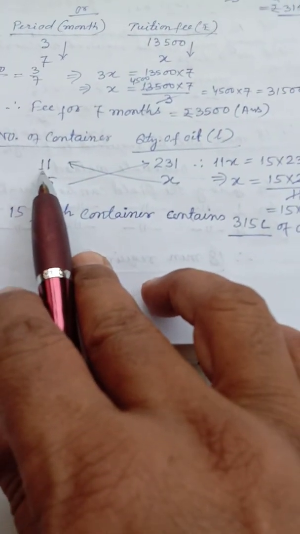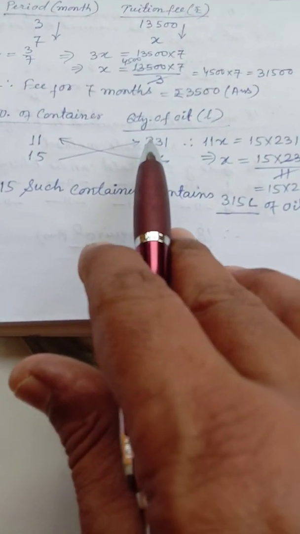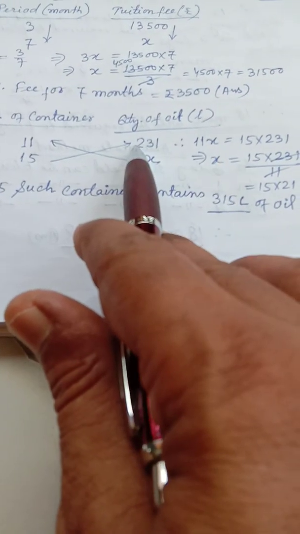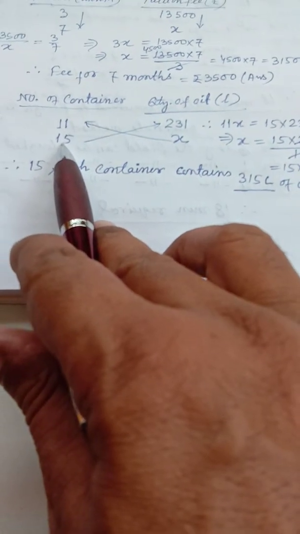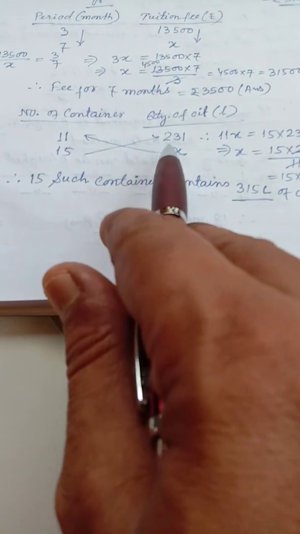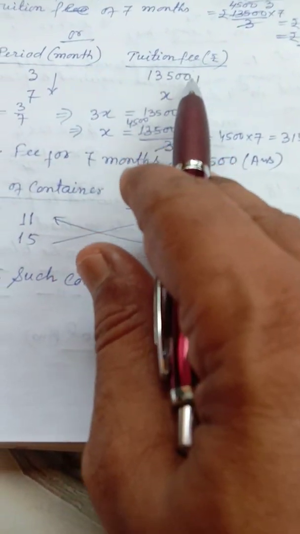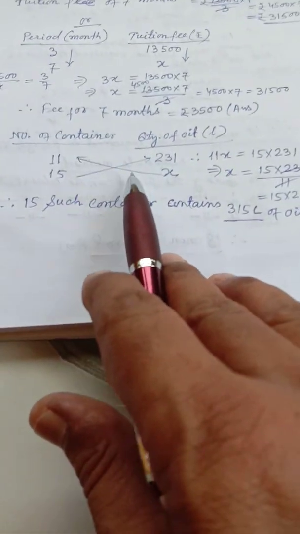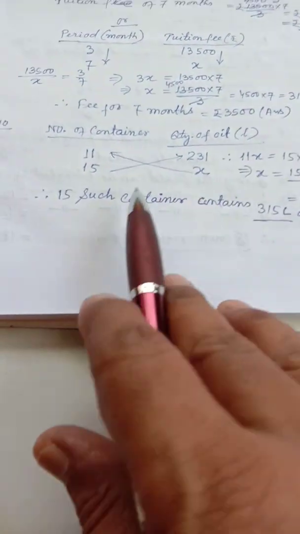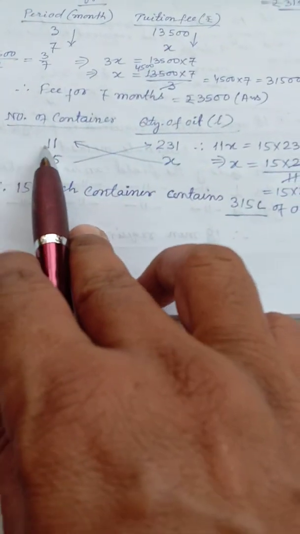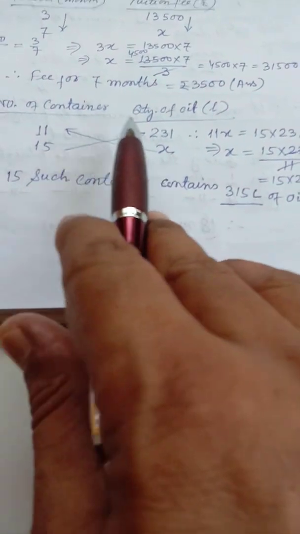Now 11 containers will hold how much? 231 liters. Now 15 containers, you do not know, x. I have made more simplification. You don't have to form the x arrow and all. If it is a direct variation sum, directly go for cross multiplication. See, I have directly gone for cross multiplication. 11 into x is equal to 15 into this.